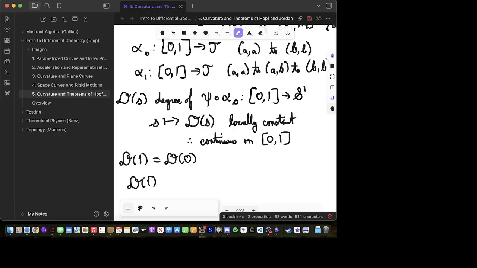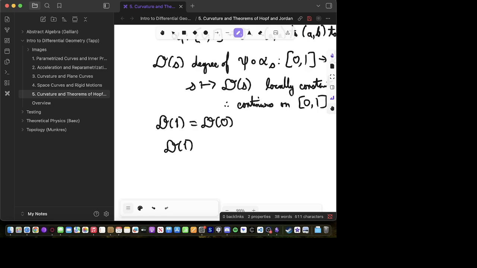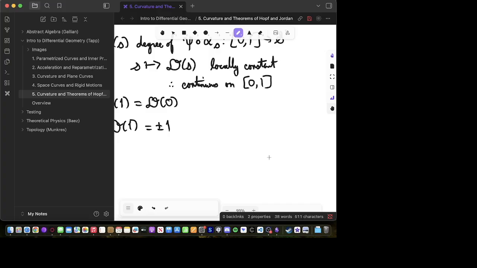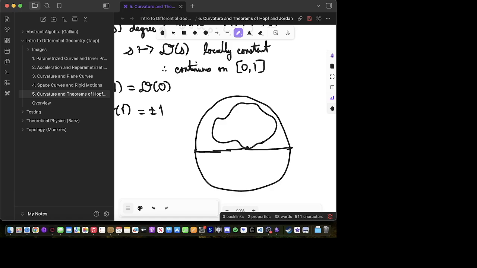But let's talk about d1, and let's talk about why it's 1 or negative 1. So if we have a curve, and this is our point with its tangent line, and let's say we have a circle, a very badly drawn circle, but a circle nonetheless.